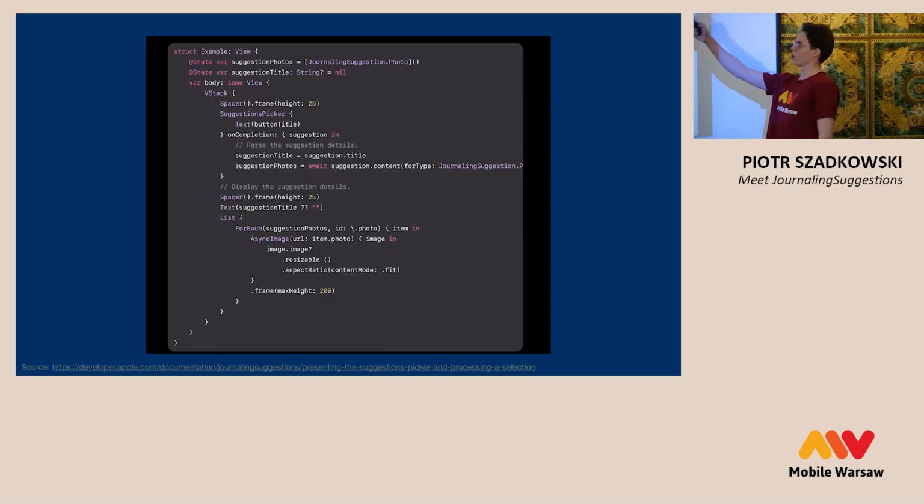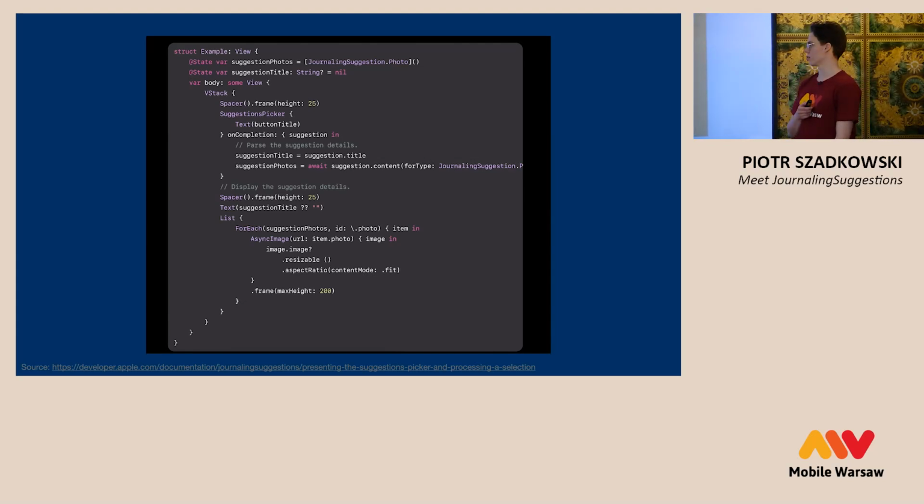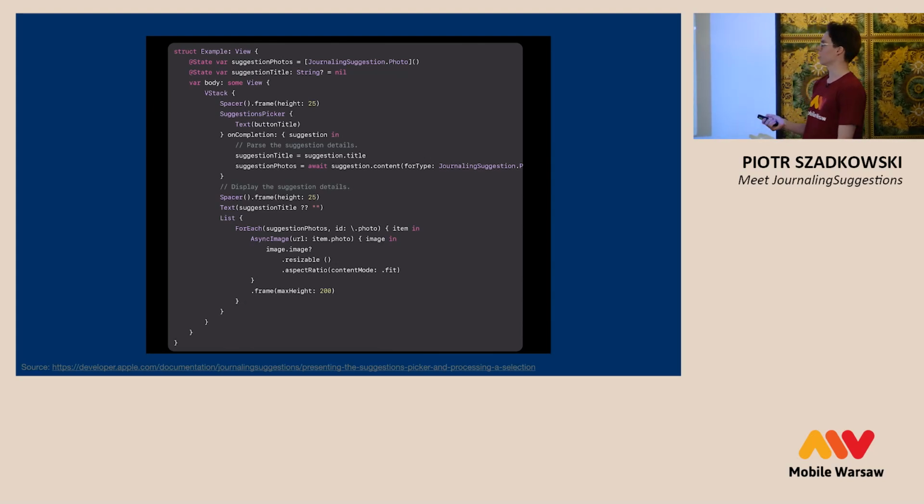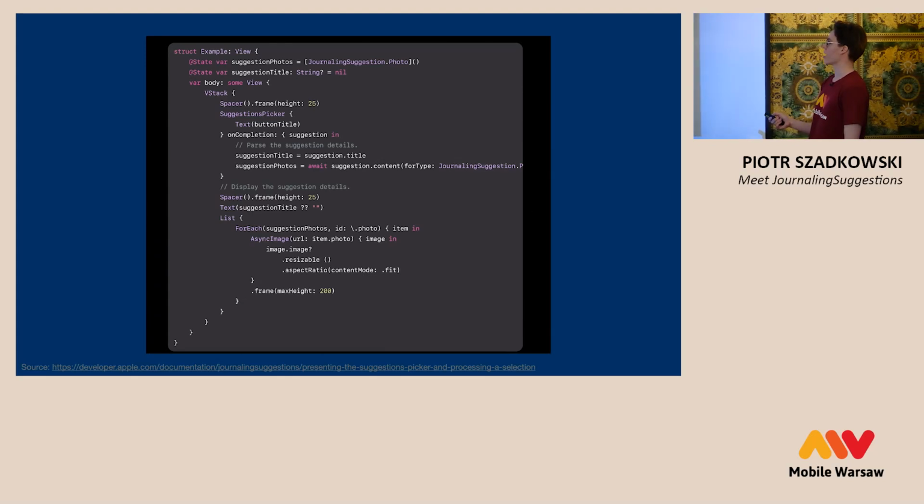This is the code that they show on developer.com, and I hope you can see at the bottom what happens, or maybe I can use the laser. They ask for the content. It's not perfectly visible here, but it's journaling suggestion photo. So what you need to do is guess what the user will pick, because the user might pick only music, and if you only take photos and they took music, you will present nothing in here.